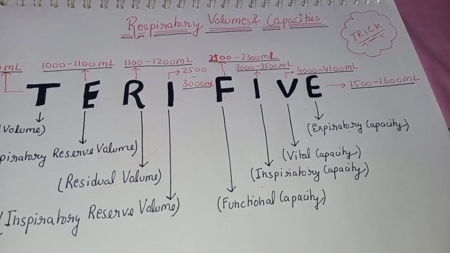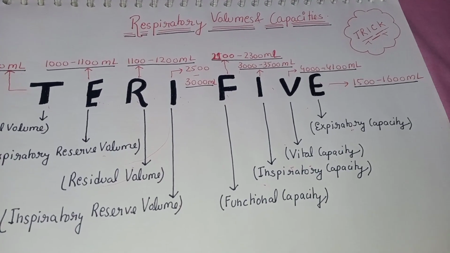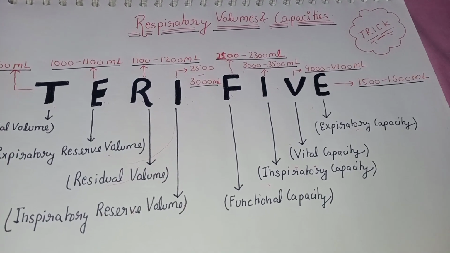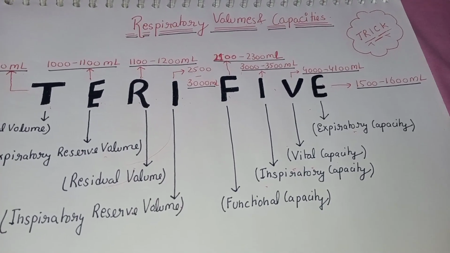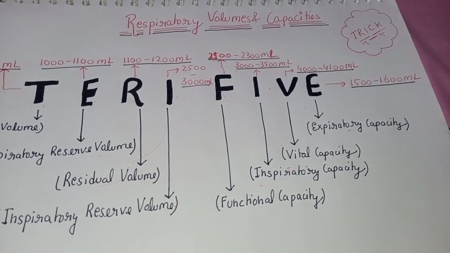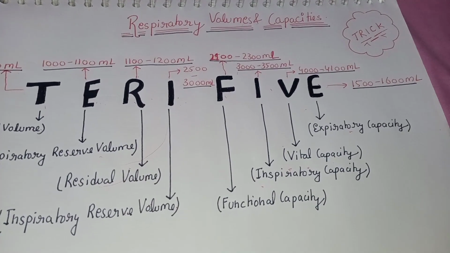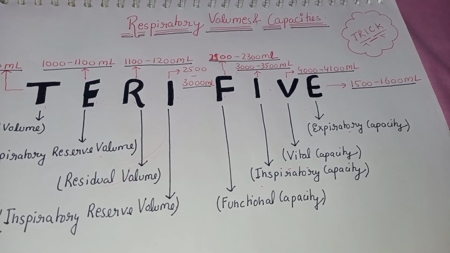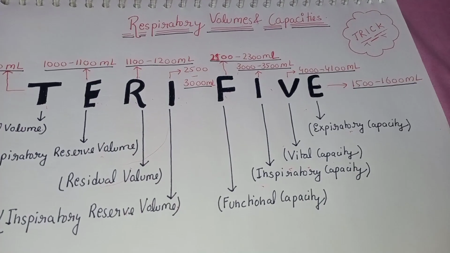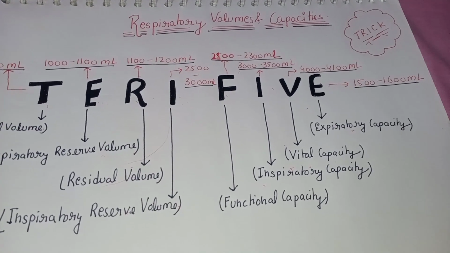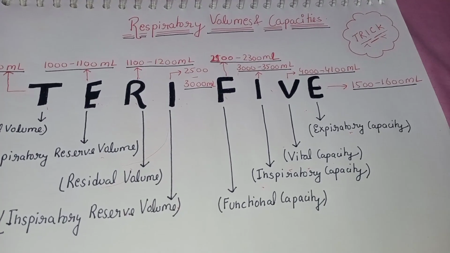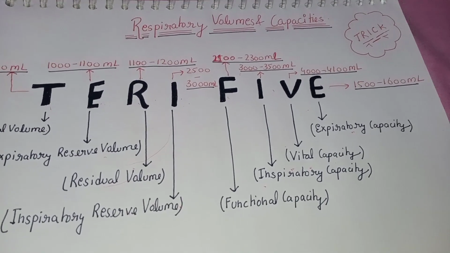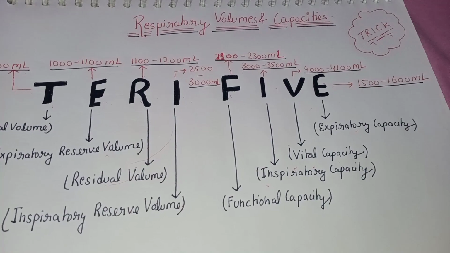Now I am going to discuss which respiratory volumes you will combine to form a certain type of respiratory capacity. Different types of respiratory capacities are formed by combining different types of respiratory volume. So in this I also have a trick by which you can simply learn it.